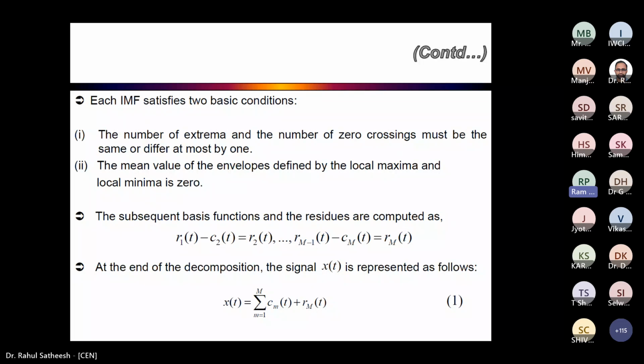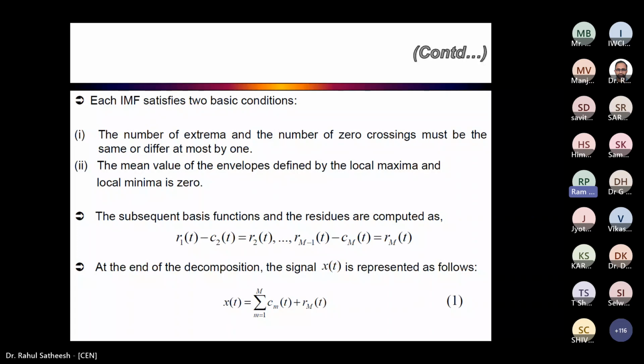From the residual we check the IMF conditions. The residual is obtained based on the maxima and minima of the signal, from which we generate two envelopes. Then based on the average of these two envelopes, we subtract that component from the signal, and that we call the residual.